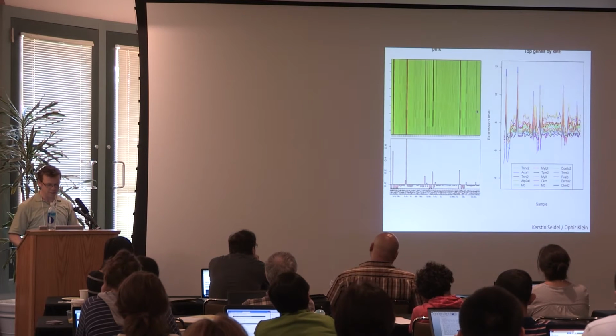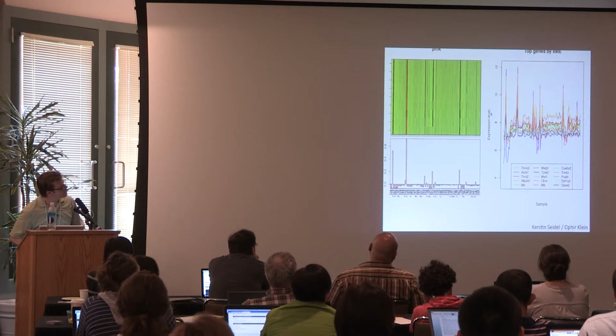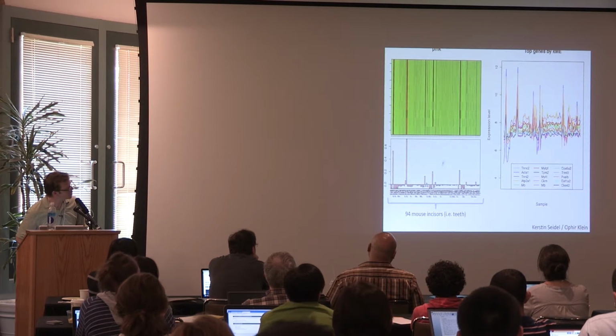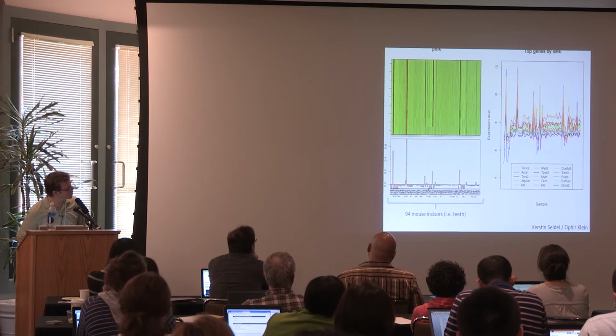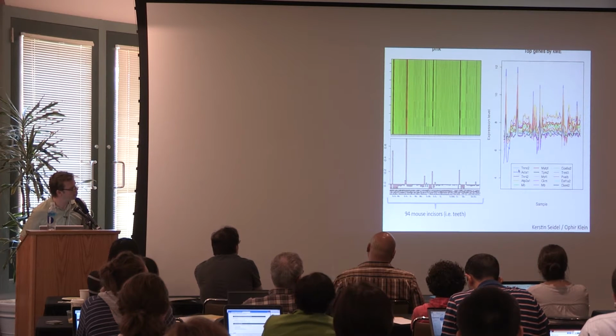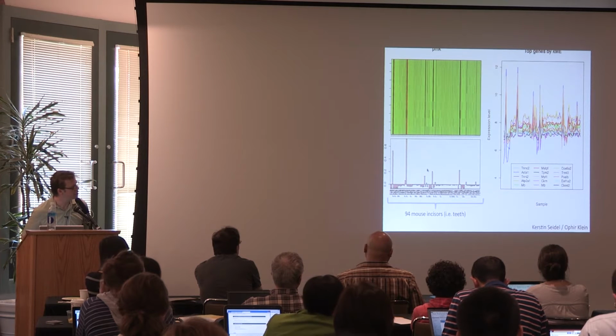But then we saw this, right? Here I'm showing you a heat map, where each row is a probe on the microarray and each column is one of the 94 samples. You can see this is the module eigengene, or first principal component of the module. And then these are the top 15 genes on the microarray ranked by kME, so ranked by their correlation to the module eigengene.